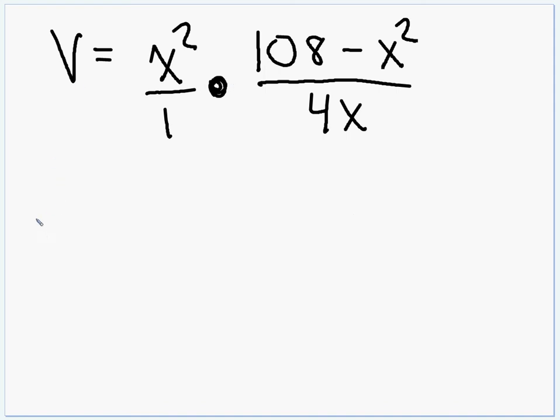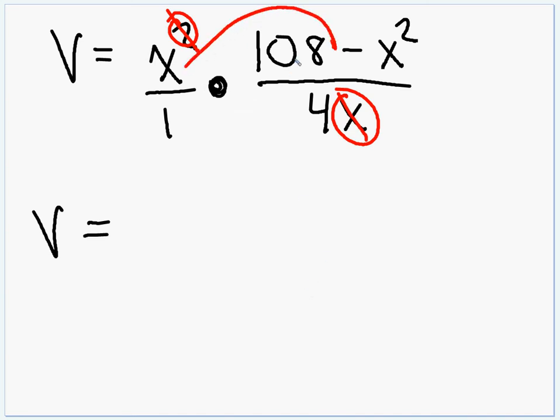Okay, so let's see here, a little algebra to clean this up. The first thing on the diagonal, we can cancel this x with one of these, so those are gone. If we distribute the x, this will be 108x over 4, and 108 divided by 4 is 27. So that becomes a 27x.